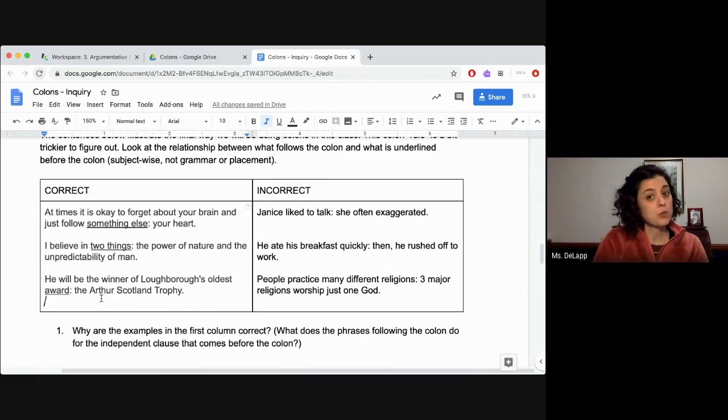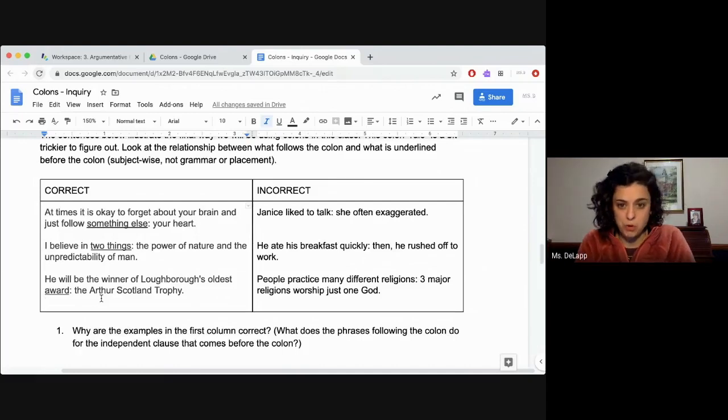He ate his breakfast quickly: then he rushed off to work. People practice many different religions: 3 major religions worship just one God. So again, even in the incorrect column, though it's wrong, it does appear that what comes after the colon is helping to explain what came before the colon.